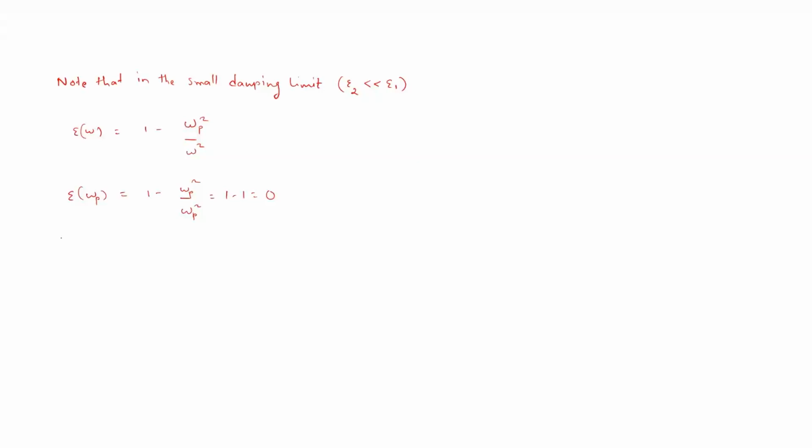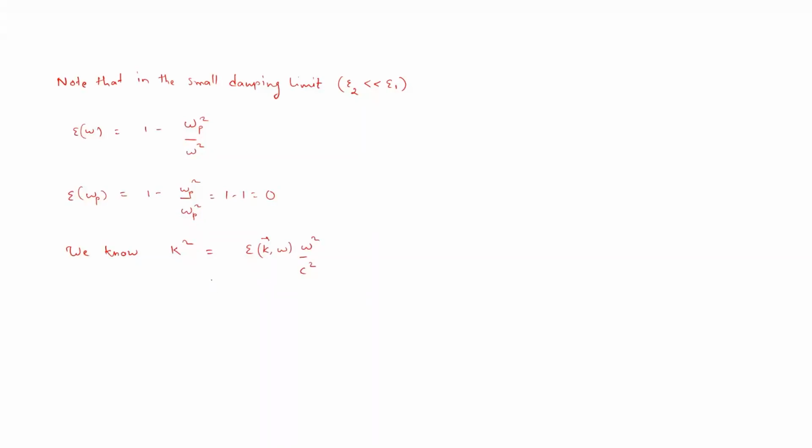So the plasma frequency is the root of epsilon of omega p equal to 0. Since at plasma frequencies we know the relation that k square is equal to epsilon(k, omega) omega square upon c square.